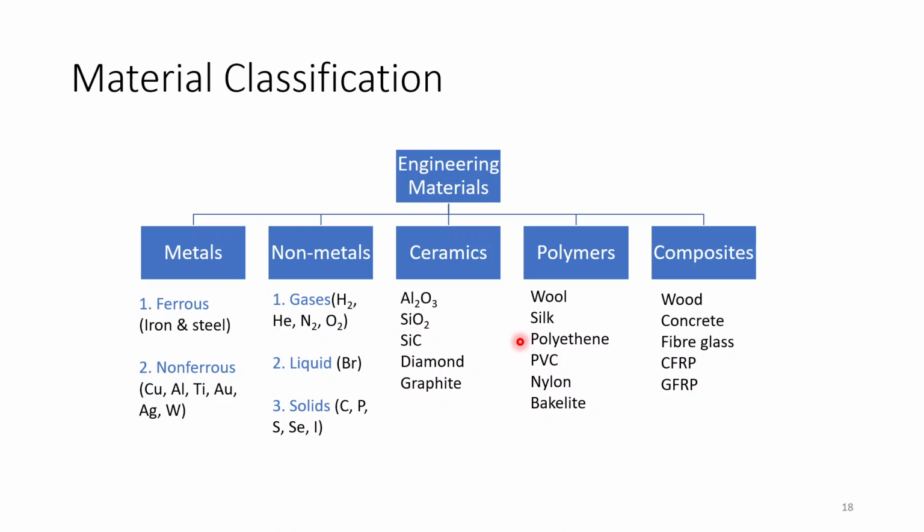Then we have artificial polymers such as polyethylene, PVC, nylon and bakelite. In case of composites, we have wood, concrete, fiberglass, CFRP, GFRP. CFRP is carbon fiber reinforced polymers, and GFRP is glass fiber reinforced polymers or plastics.